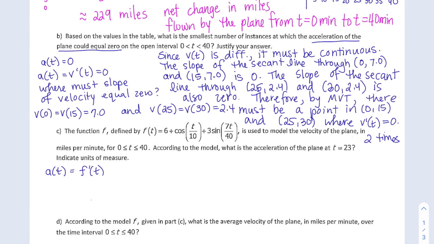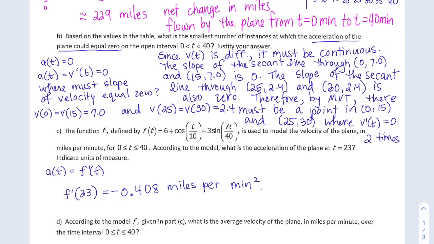So using my calculator, I'm going to find f prime of 23. I'm going to type it into the nDeriv button. I get negative 0.408 miles per square minute. Well, that's all I need to do there.